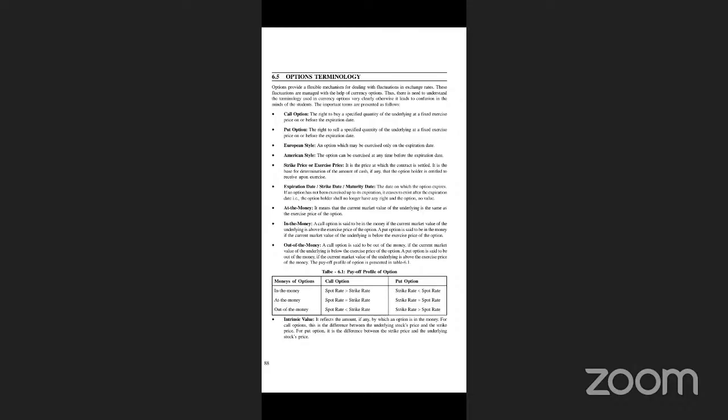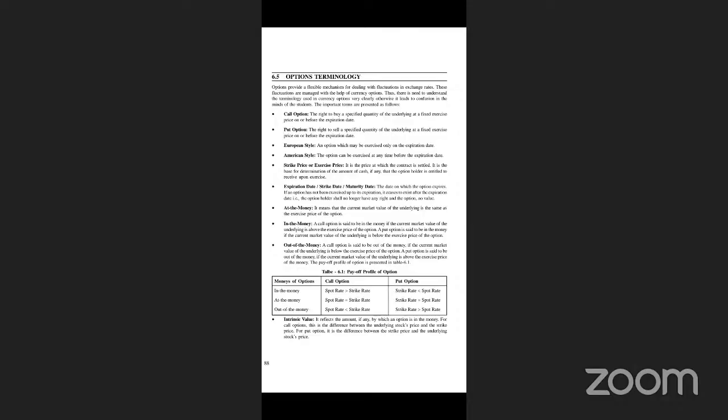One, call option. As just discussed, a call option is the right to buy a specified quantity of the underlying at a fixed exercise price before the date of expiration. A put option is the right to sell.